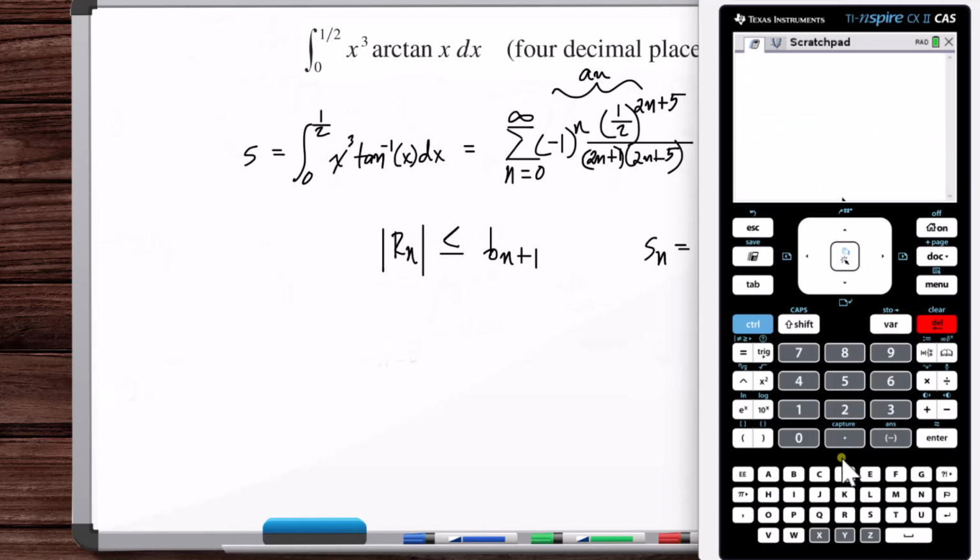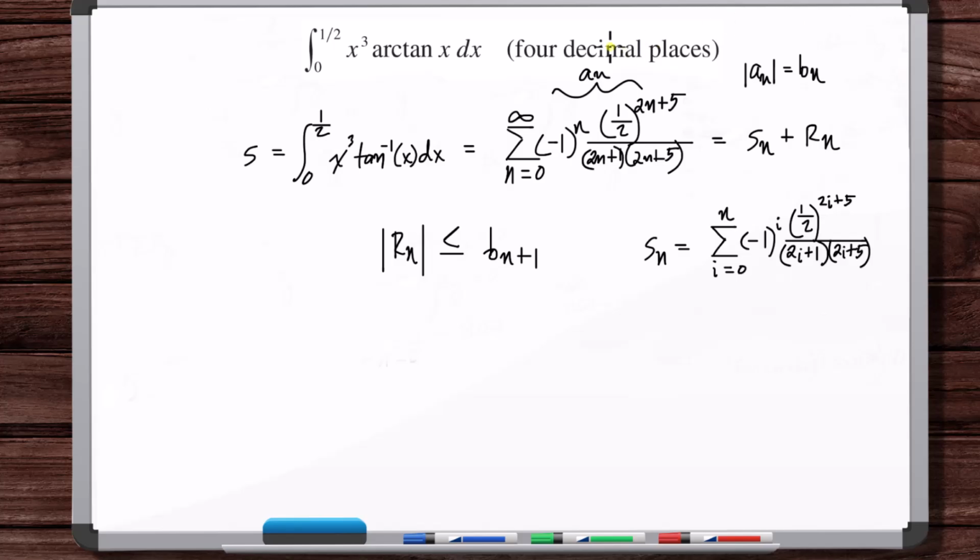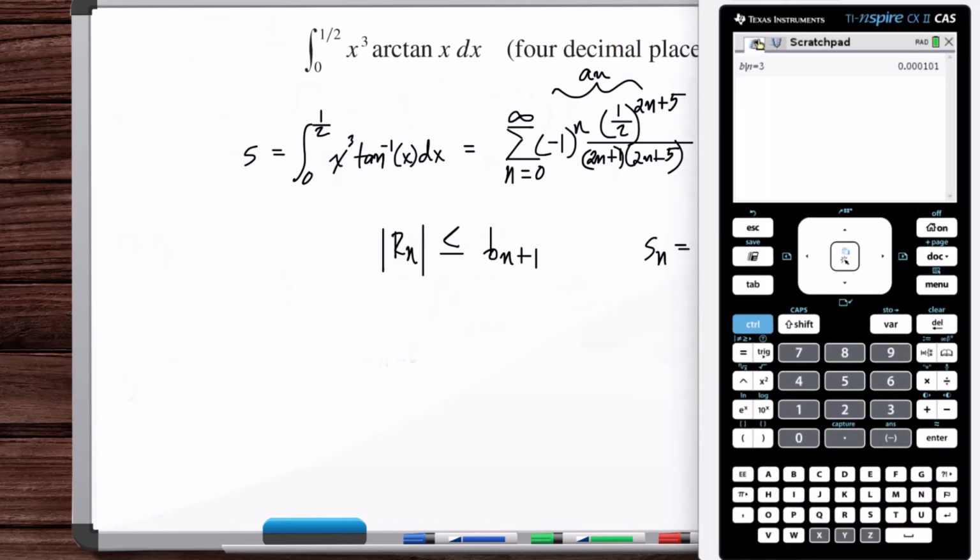So now let's take E and store it as B, because we're going to be using the A sub n later. So there's the B sub n. Let's take B with n equal to 3.0001. But this wants 4 decimal places, so we need to keep going.